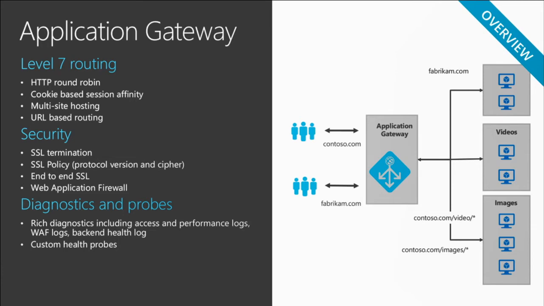We will increase that number more, but you can have 20 different websites like fabrikam.com or contoso.com, as shown here, behind the same application gateway. Or you could have up to 20 different subdomains. For example, if you are contoso.com, you could have blogs.contoso.com, api.contoso.com, all going to its own backend pool, and all you can scale independently.